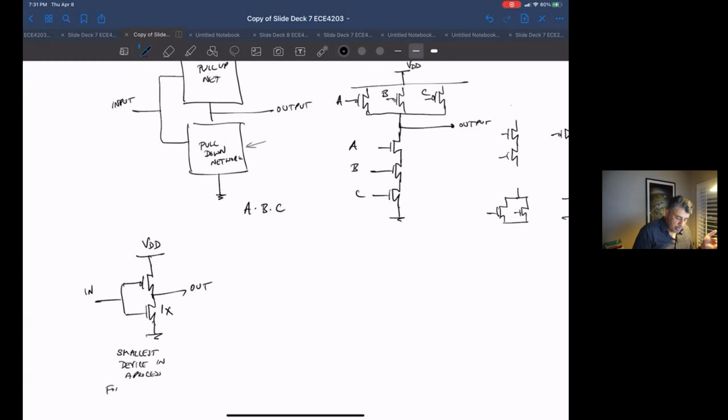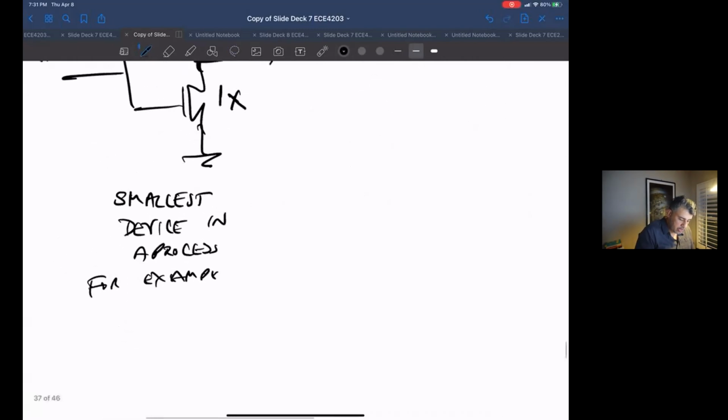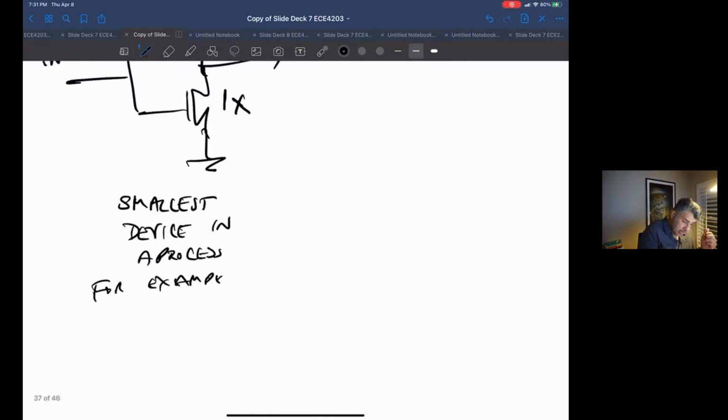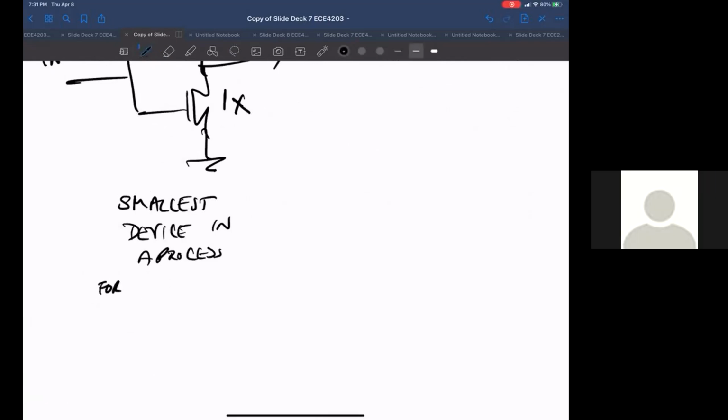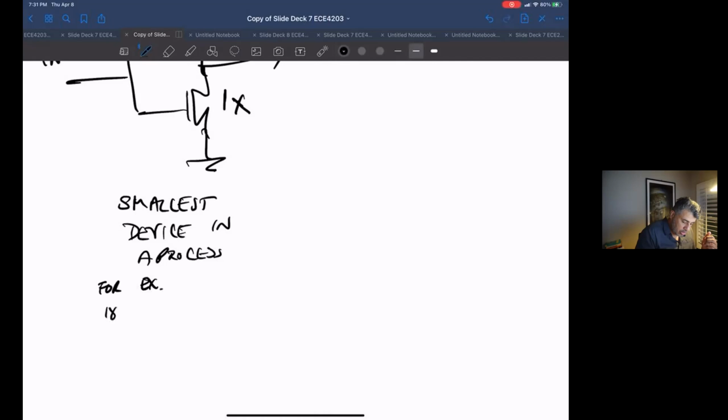So for example, in our 180 nanometer process, the smallest device had a length of 180 nanometers and a width of 300 nanometers. I think that's what the layout rules dictated to us.